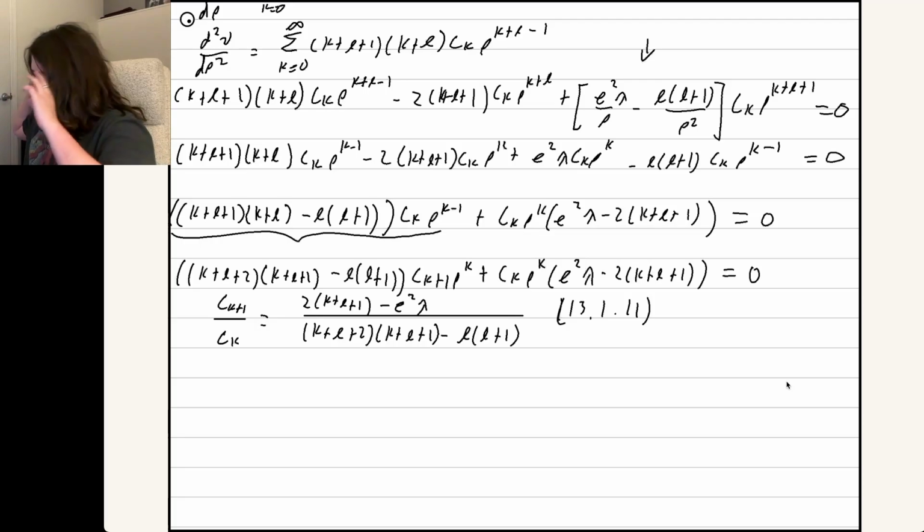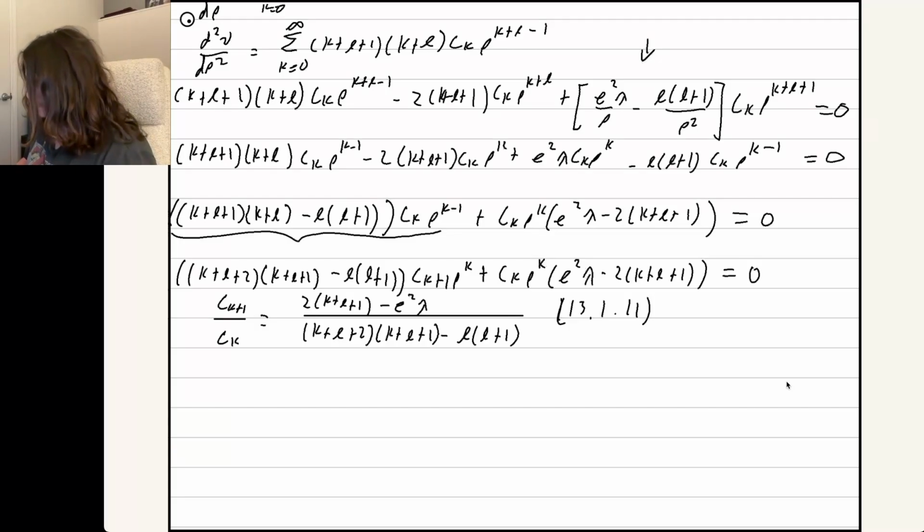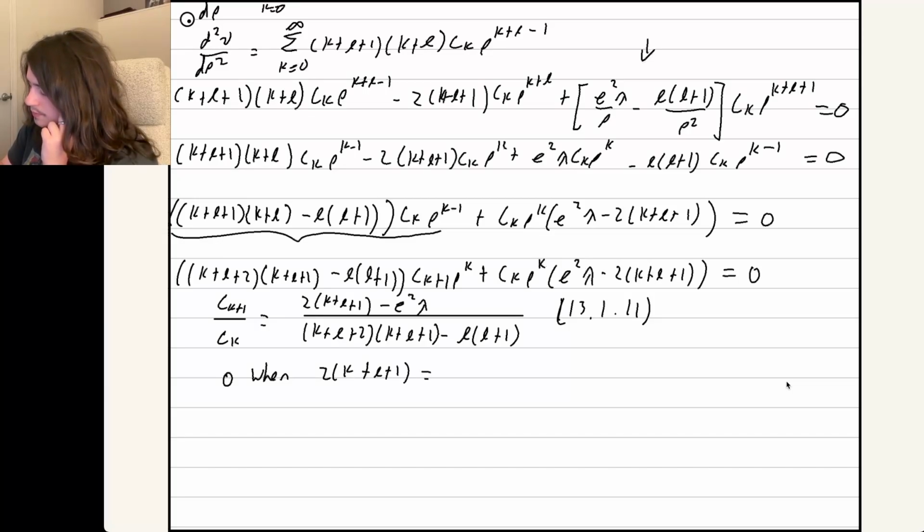Now I need to look at proving 13.1.14, which is a few lines later. So the point of this recursion relation is that the ratio is equal to 0 when 2 times k plus L plus 1 is equal to e squared over lambda.